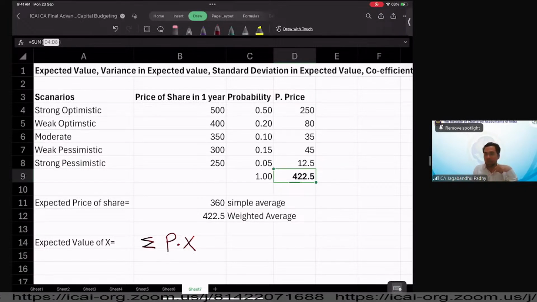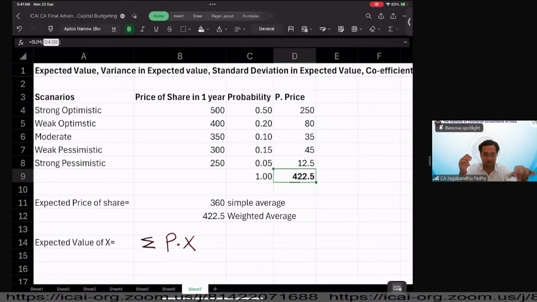No. Is it subject to some variation? Yes. So we want to know the degree of that deviation or variation by calculating the standard deviation.